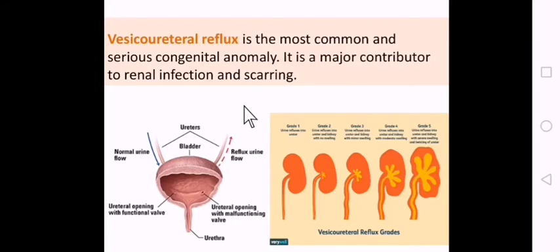طبعا الكومبليكيشن مالتها هو الانفكشن، سواء السيستايتس or pyelonephritis يعني in the kidneys. The diagnosis of vesico-ureteric reflux is by voiding cystourethrogram to assess the presence of a malfunctioned valve and to grade the disease.